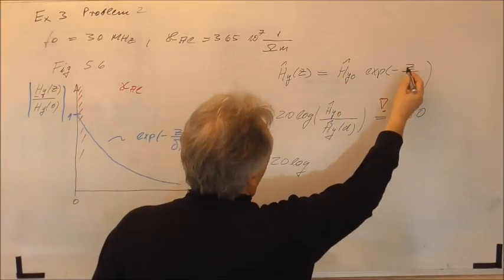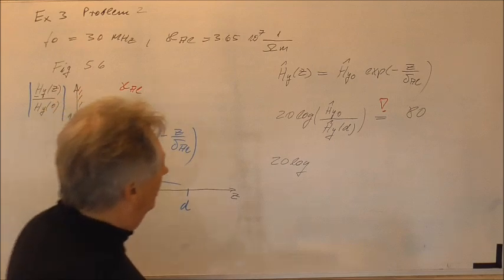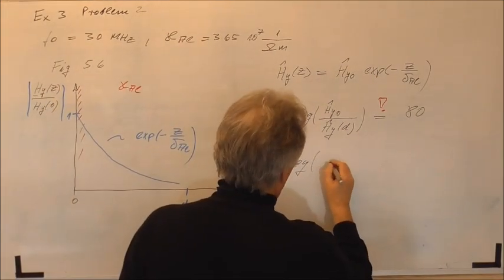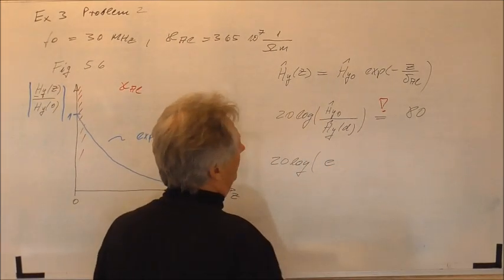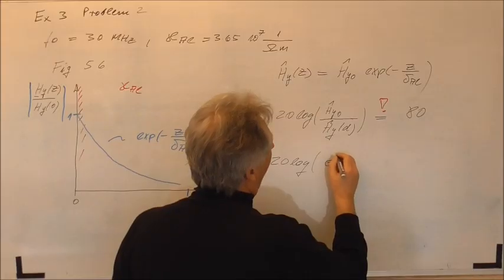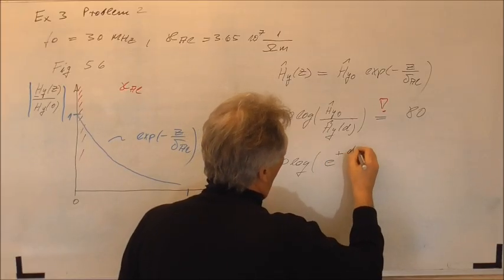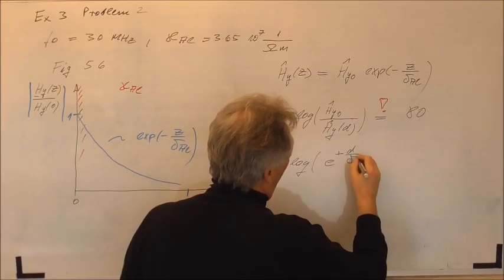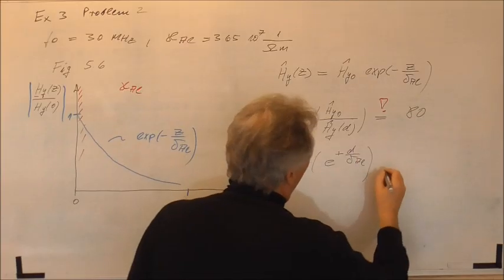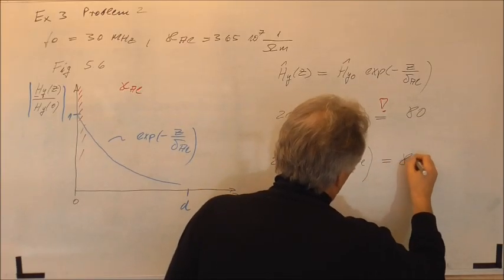Then I have to insert the d here of the exponential function. Perhaps I write it like this: e to the power of plus d over delta RL, and this must be equal to 80.